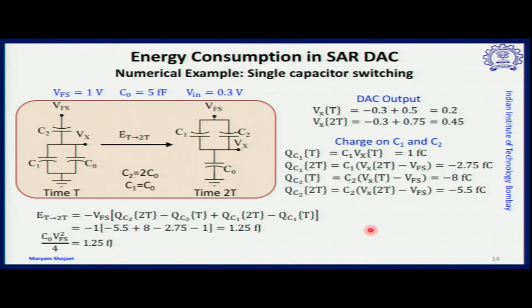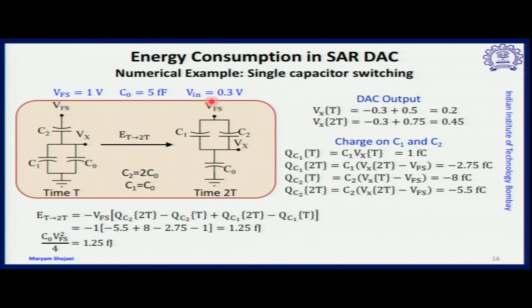So you may be curious to know the actual typical value of 1/4 C0 V full scale squared. So here we provide a numerical example. Let's assume V full scale is 1 volt, which is a typical number. The unit capacitor is 5 femtofarad, which is a typical number towards the low side, but let's assume values are small.